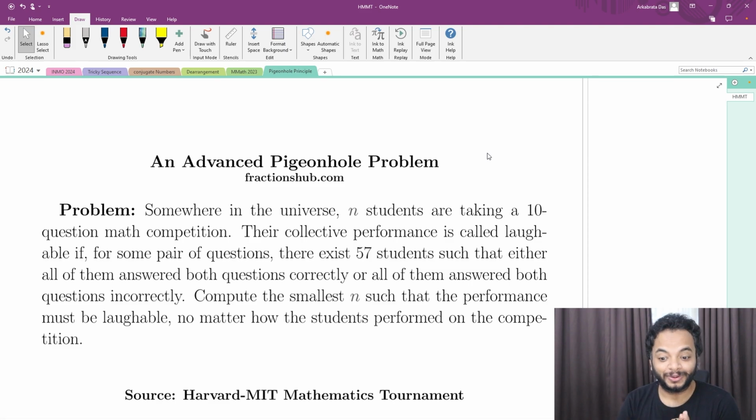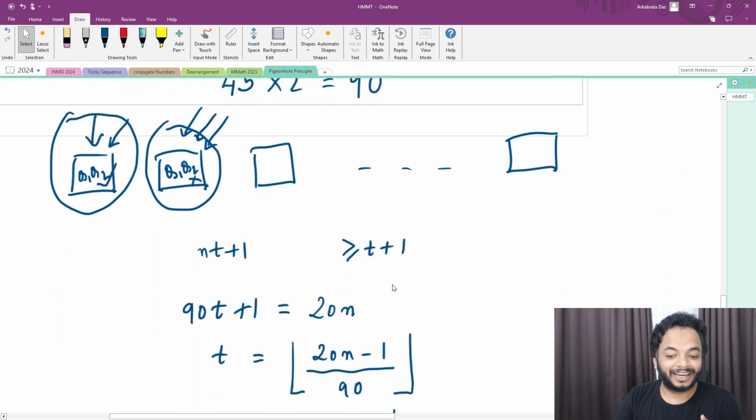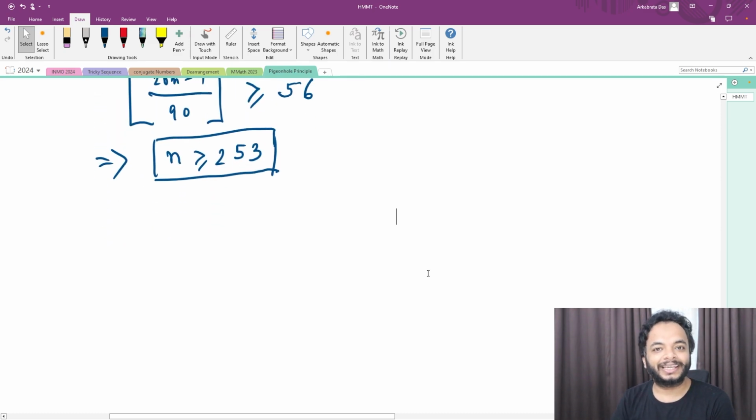Now the question is asking to find the smallest n. Many students think that we are done here, but no. You are only guaranteeing that for 253 this works, whatever the condition. But how do you guarantee that 253 is the least?